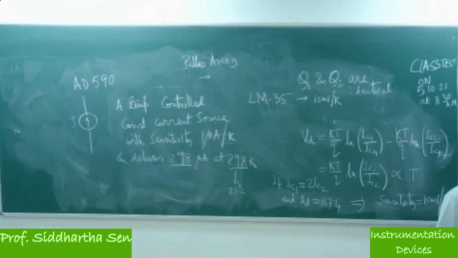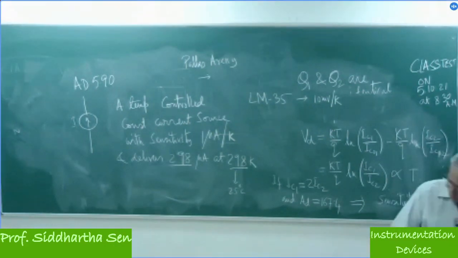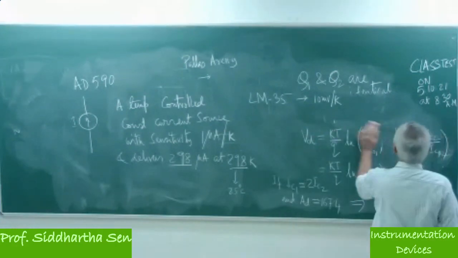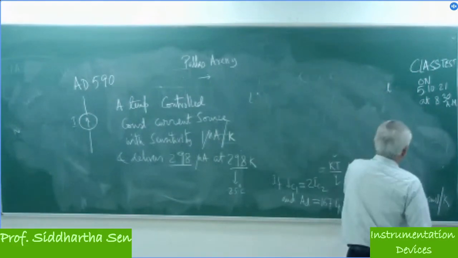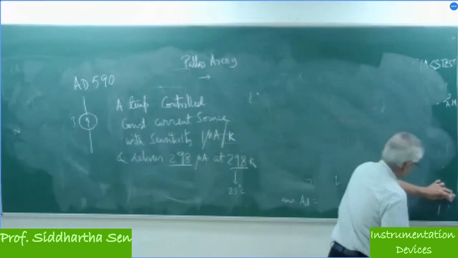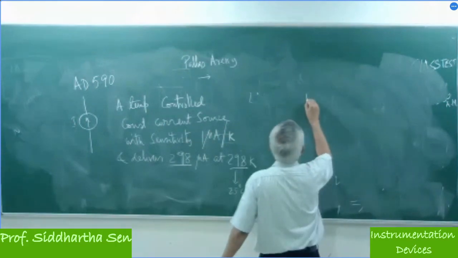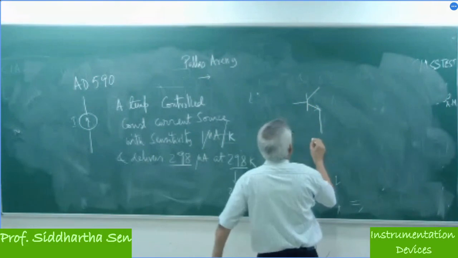So if IC1 and IC2 are different, then the dimensions of the transistor should also differ.